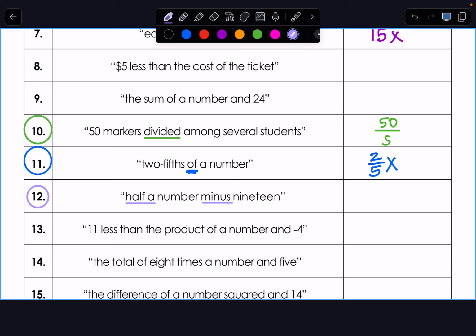So we have 2 things happening. Half of a number means we're doing what? We're dividing. Okay, so half of a number would be a number divided by 2. But we also have minus 19. So then we also have to write minus 19. So we have two things happening in that one. Okay.